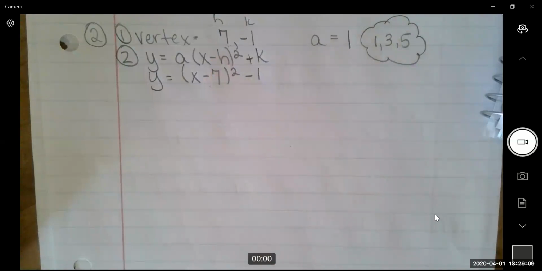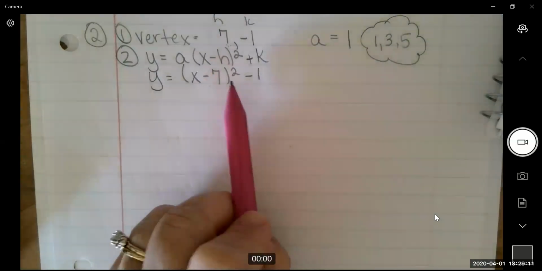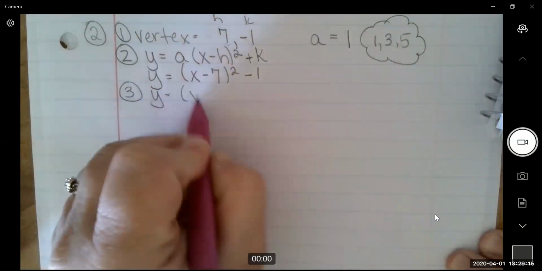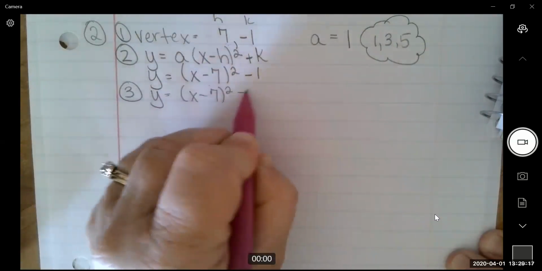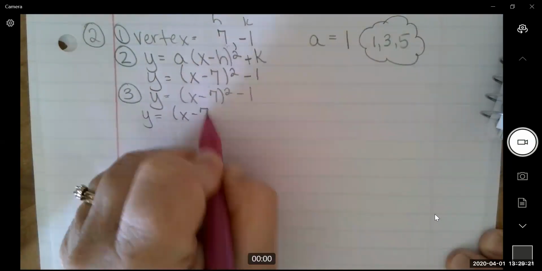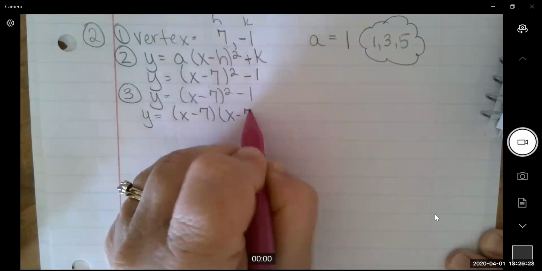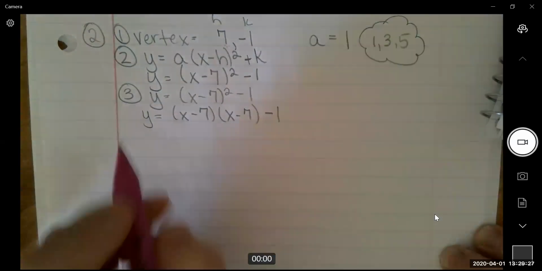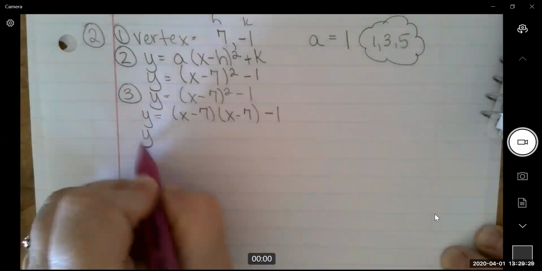All right, so now we're going to use our vertex form to convert it to standard form. So we have x minus 7 times x minus 7 minus 1. Remember, we have to FOIL.